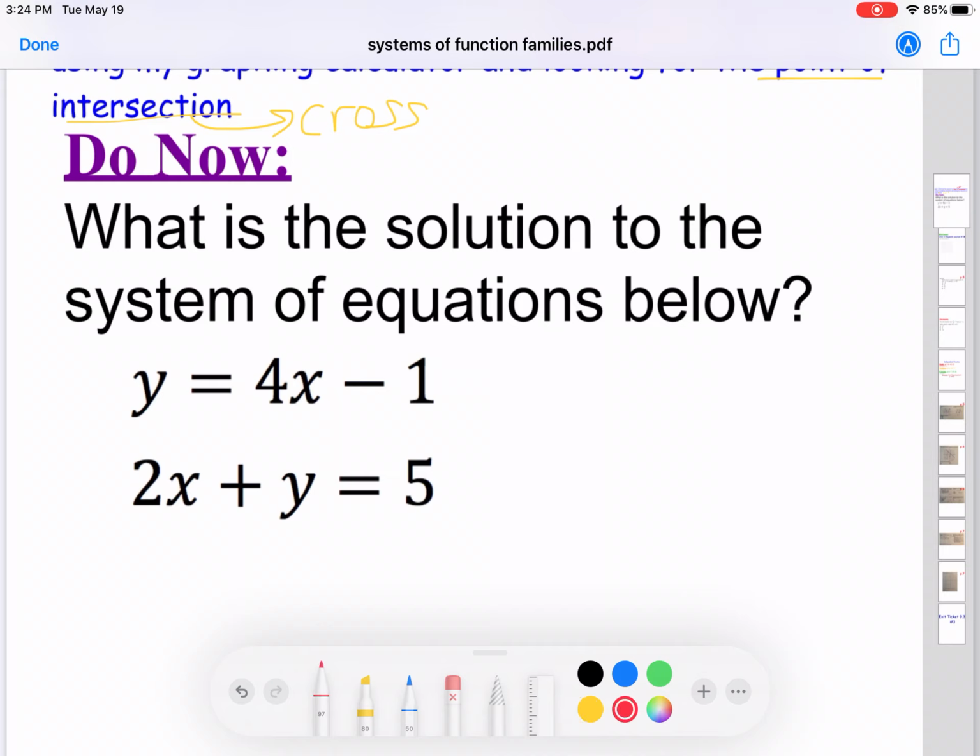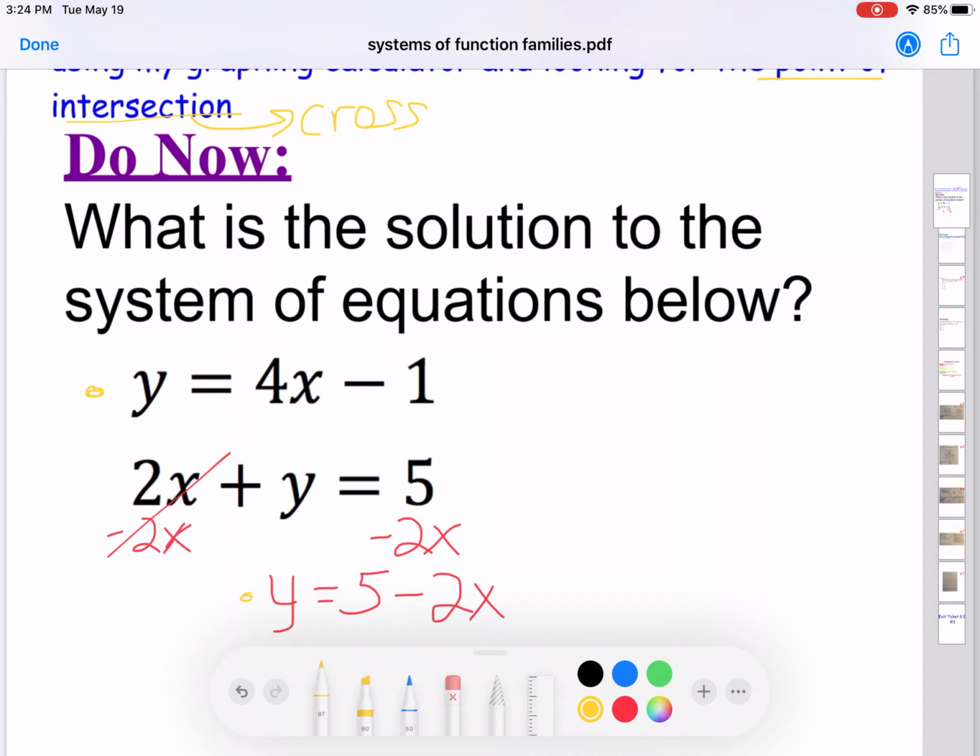So in our second equation, if we want to get the y by itself, we would start by moving the 2x to the other side, and since it's positive, we would subtract 2x from both sides. On the right side here, 5 minus 2y, those are not like terms, so we would just leave it as 5 minus 2x. So the two functions we're going to graph are y equals 4x minus 1 and y equals 5 minus 2x.